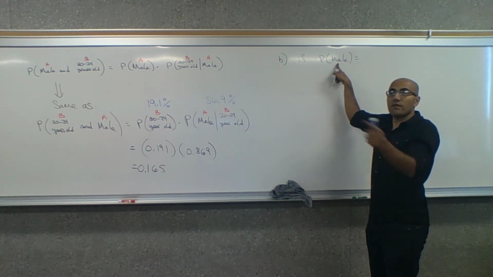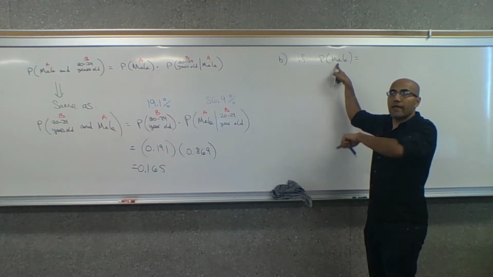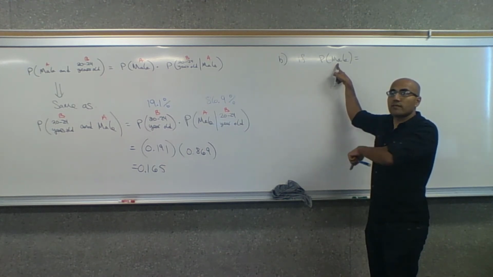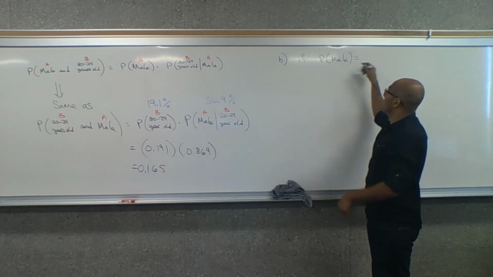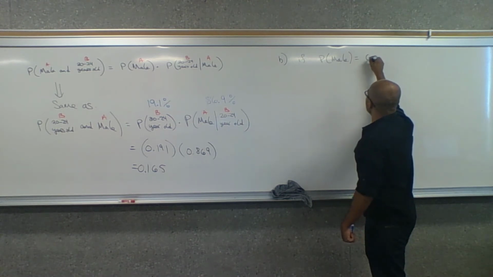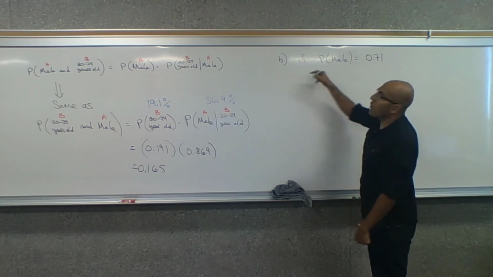Do you think it's 50-50? A murder victim, male, female, what do you think? More males get murdered, more females, is it the same? What do you guess? I'm guessing right now, just throw one out there. 71.